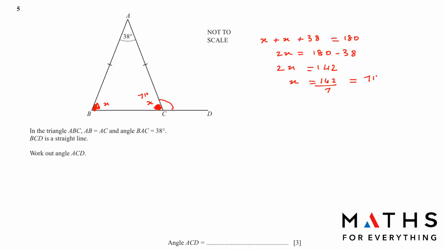So this angle is 71. Angles in a straight line always equal to 180. So 71 plus ACD is equal to 180. Therefore, angle ACD will equal to 180 minus 71, which is 109 degrees. So this was an easy 3-mark question. I hope you understood it.